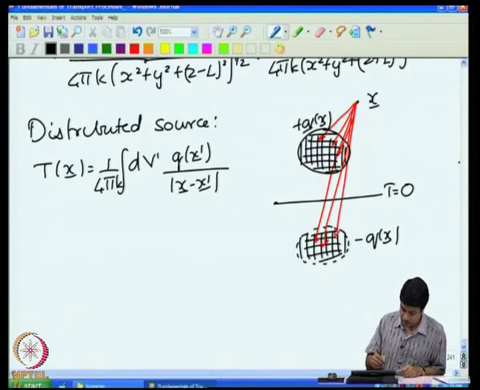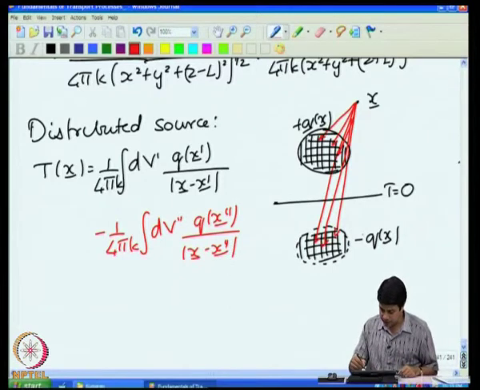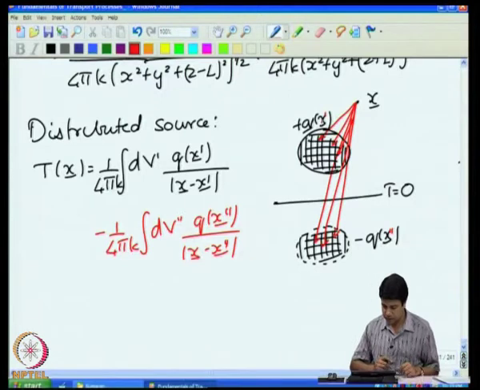So, the additional contribution that I get will be equal to minus 1 by 4 pi k integral dV double prime q at x double prime by the magnitude of x minus x double prime, where x double prime is the location of these image points, and x prime is the location of the source point.